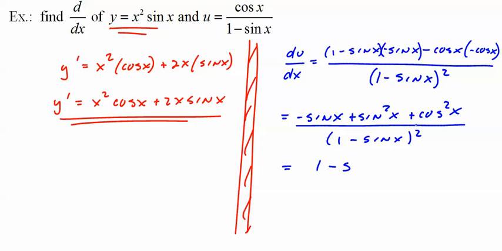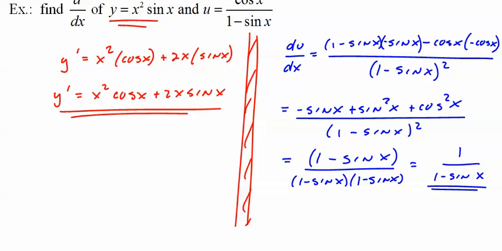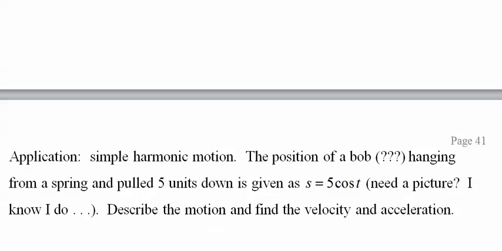This, of course, is 1 over 1 minus sine of x times 1 minus sine of x equals 1 over 1 minus sine of x. Boy, I hope I got that right. Hey, look at that. I did. Cool. So, that's just an example. And notice the detail needed.